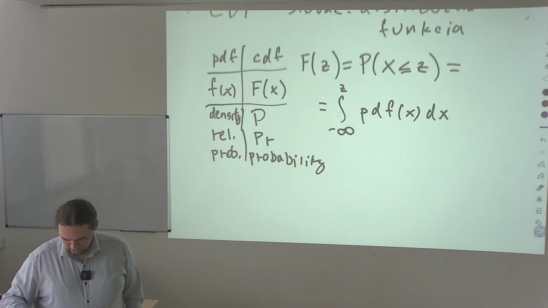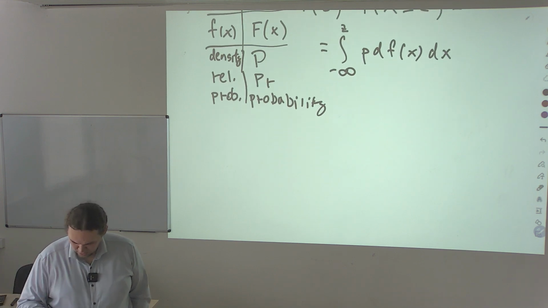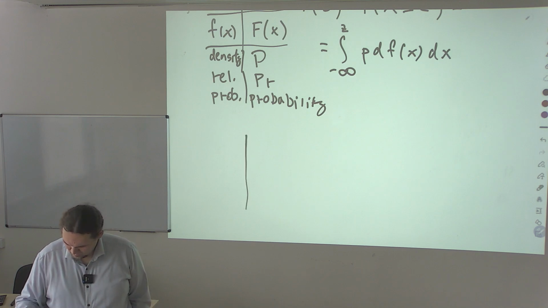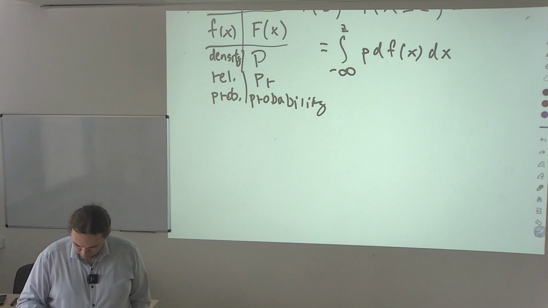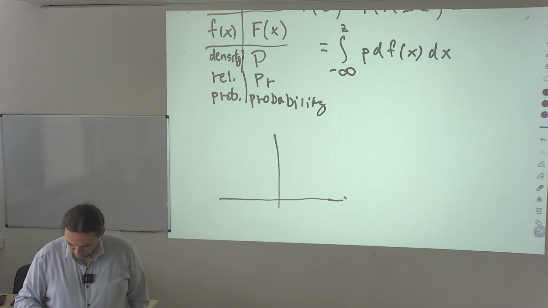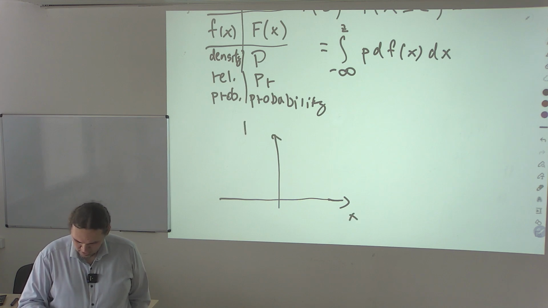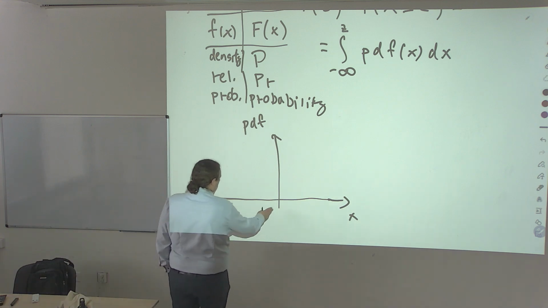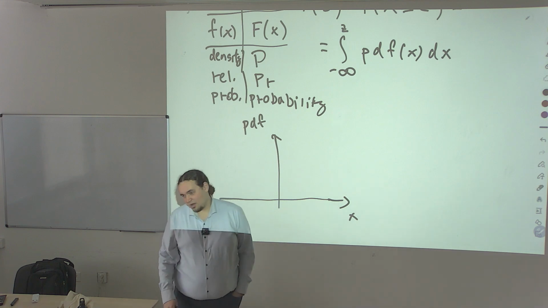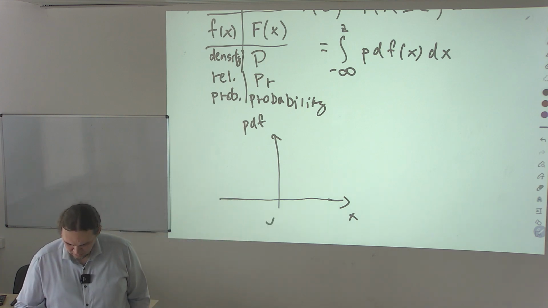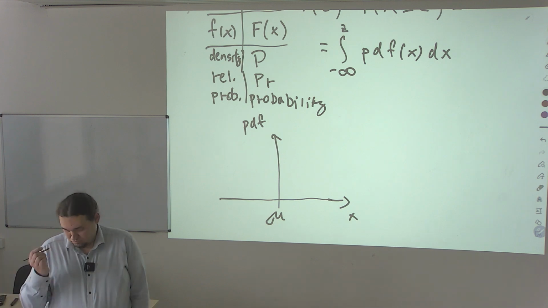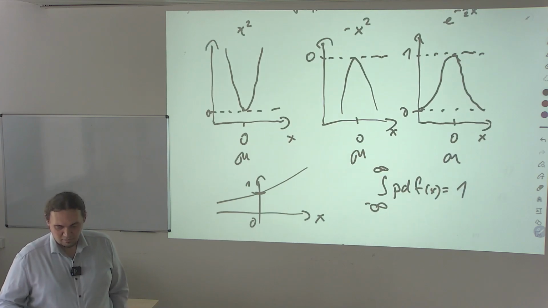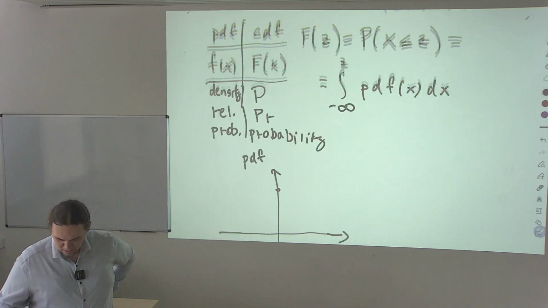Let's try plotting it. If our PDF would look like this, and now on purpose I try to center this graph, this axis, on the mean, where if we have the Gaussian distribution, it's the same picture as we have on the right.